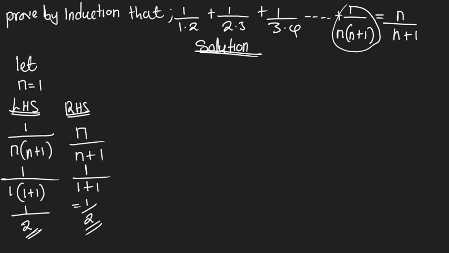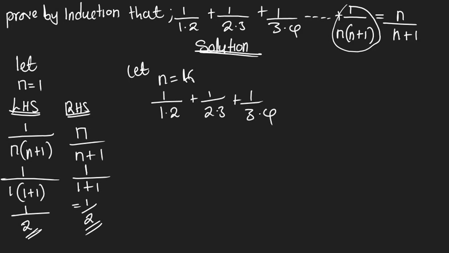So next step, you let your n is equal to k. So you're going to copy the whole thing. Sir, n is 1 over 2. It's a half, it is not 1.